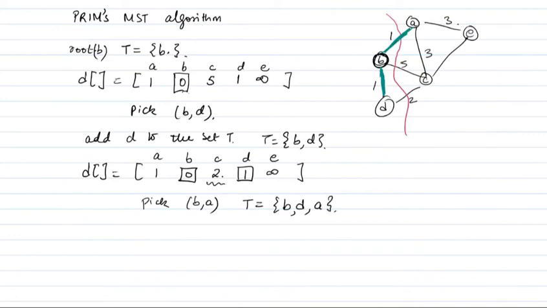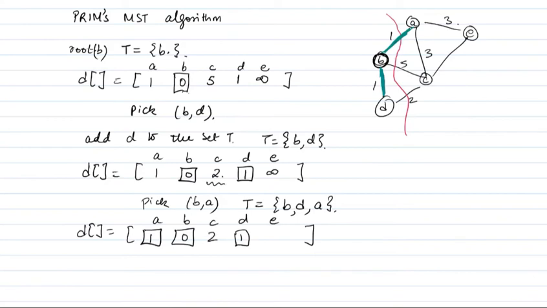So let me go to the next iteration. I again look at the values of D and I update them. B was already frozen to value 0. D was frozen to value 1. And now we have frozen A to value 1. Now, what's the shortest distance to C?